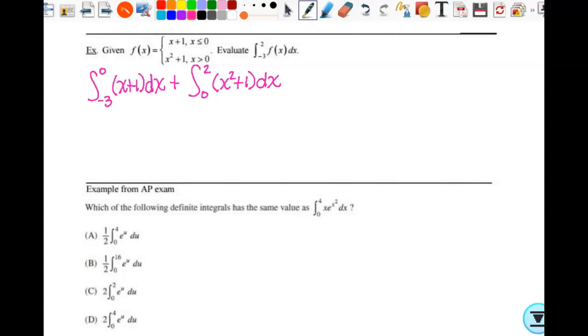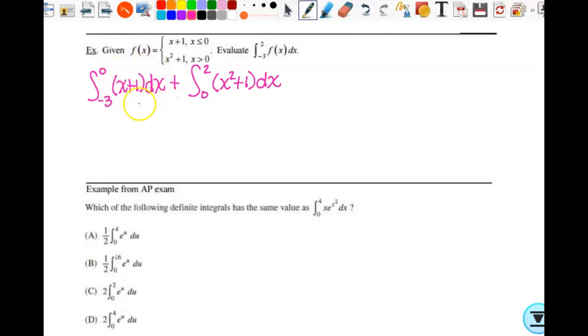Sorry, we're not finished. Do I need to use substitution here? No. Technically on this one you kind of could, but it'd be weird and you don't need to. Here, if you tried, it wouldn't work out, but I can do each piece, and so I don't need to. I don't have a product. I don't have a quotient. It's not a function inside of a function. So I'm just going to integrate.